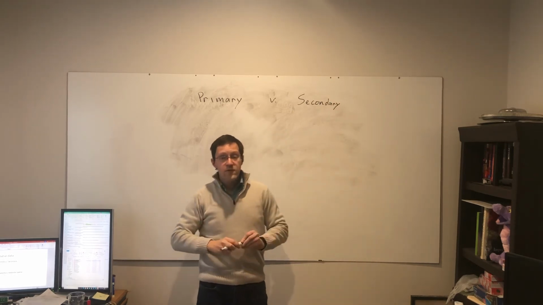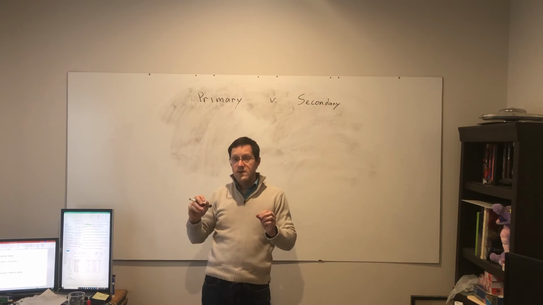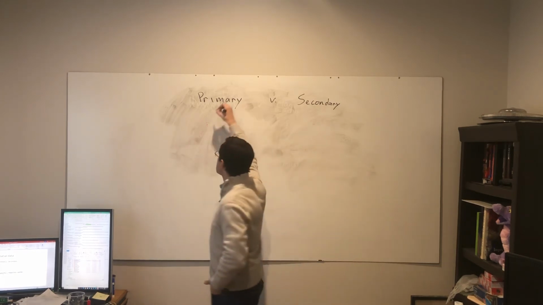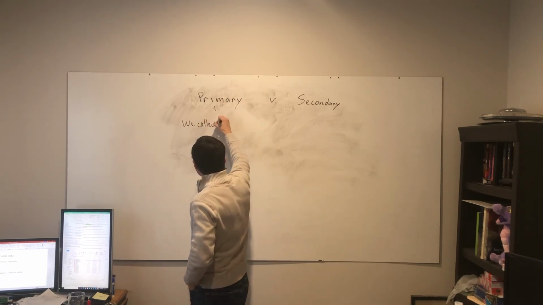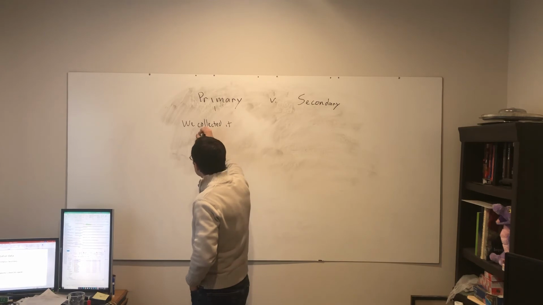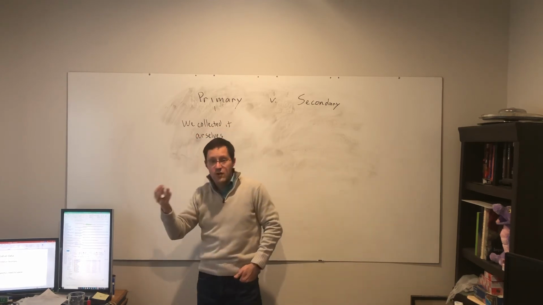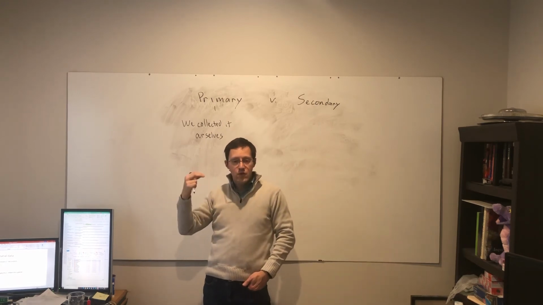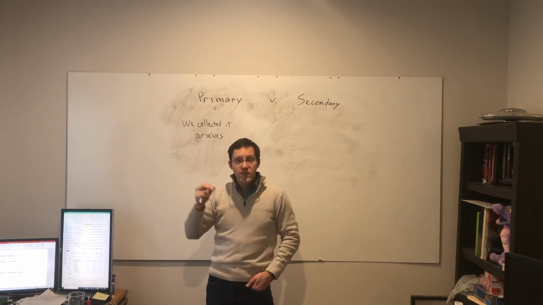The next one is, do we have primary data or secondary data? If we are working with primary data, we collected that data ourselves. If it's a poll, then that means you went and you got people to fill out that survey. You made the phone calls.